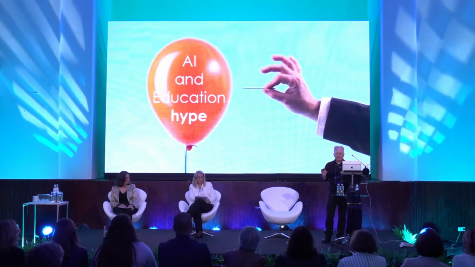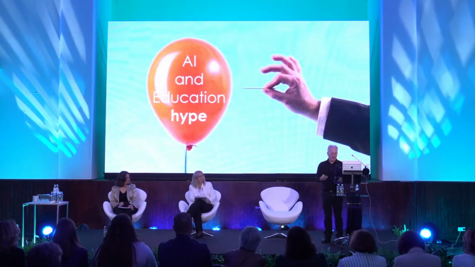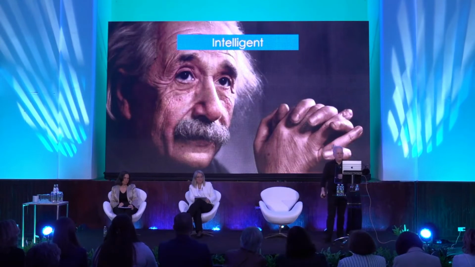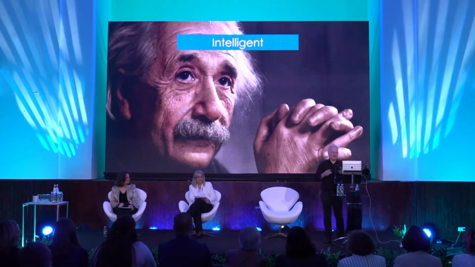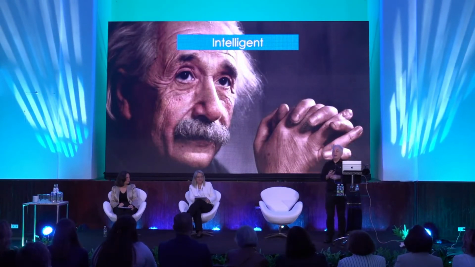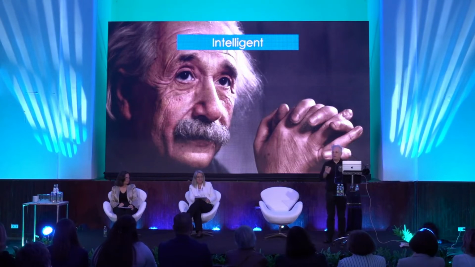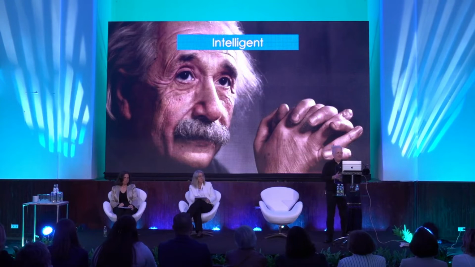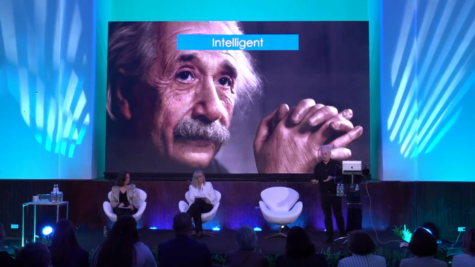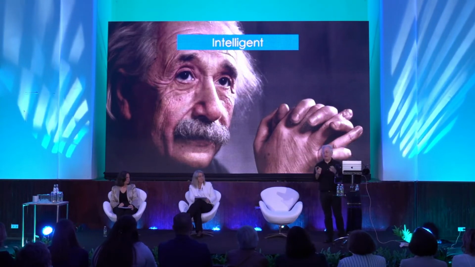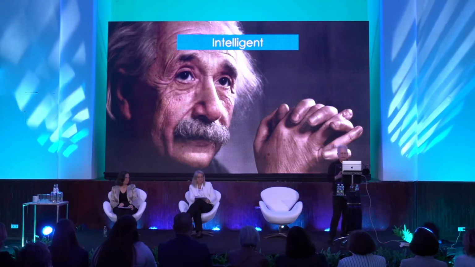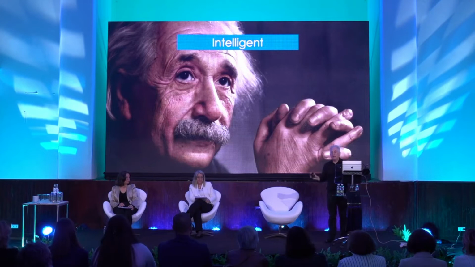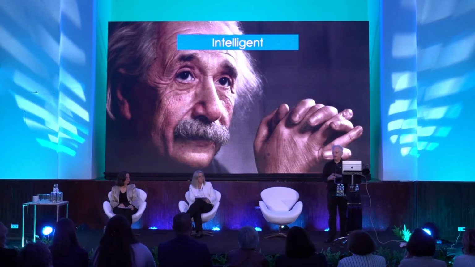To begin with, I'm going to look at some of the claims by many of the companies. So how about this one? The idea is that AI and education tools are intelligent. The word intelligence is in the title, right? Artificial intelligence, right? I have to tell you they're not, okay? The AI tools in education and AI generally is not intelligent. No AI system today comes anywhere close to human intelligence.